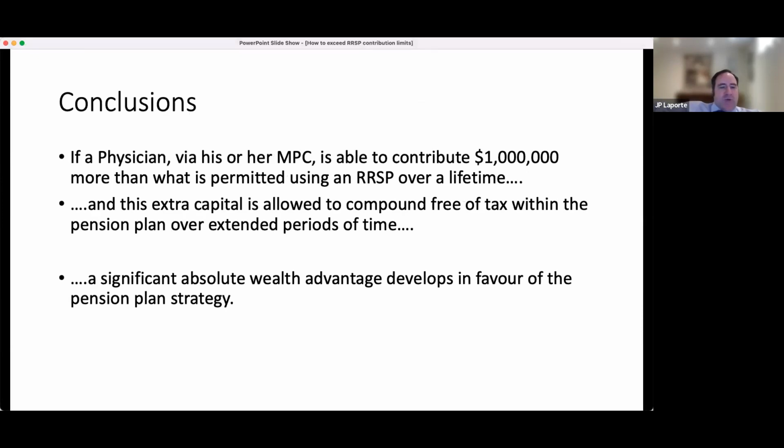So to conclude, if a physician via the medical corporation is able to contribute $1 million more than what is allowed under an RRSP over a lifetime, and then this extra money is able to grow on a tax-deferred basis within the pension fund over extended periods of time, it's really going to balloon.